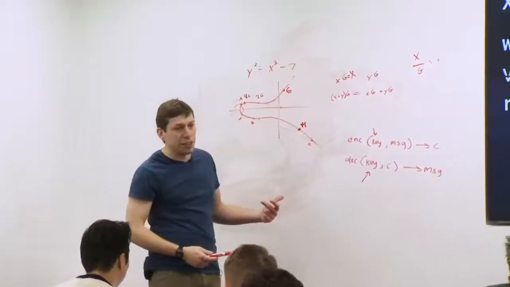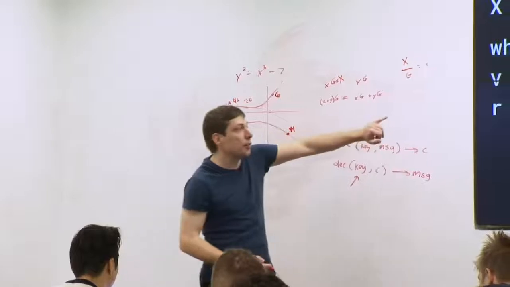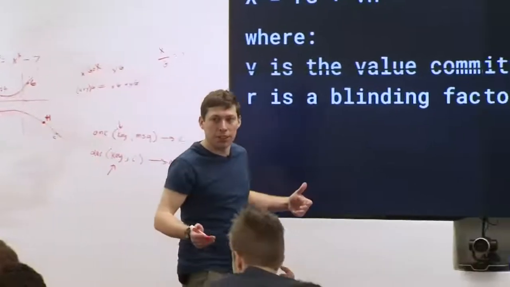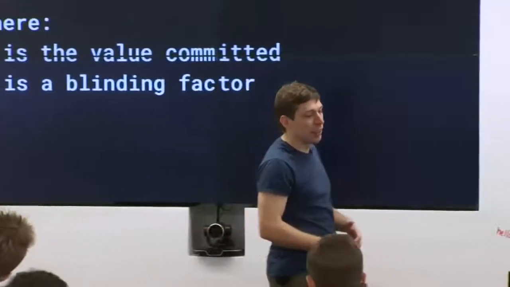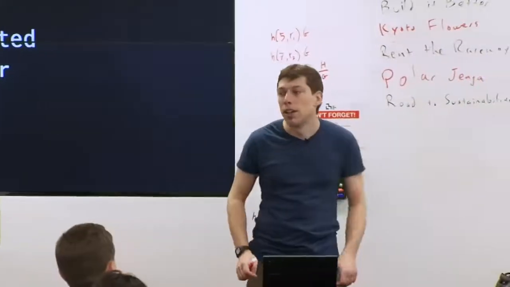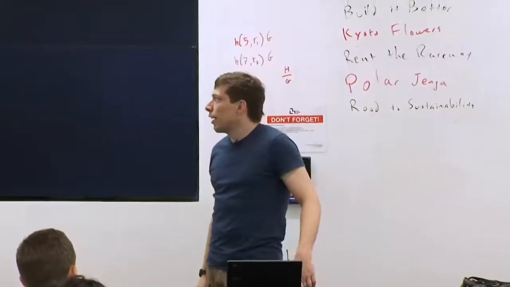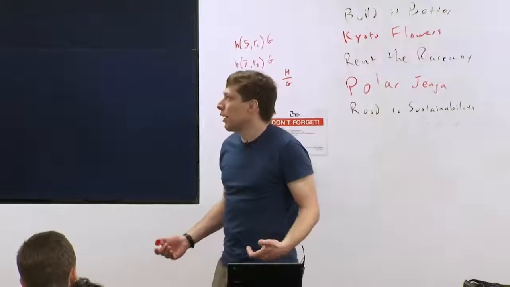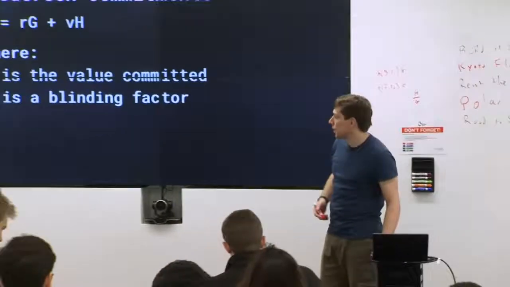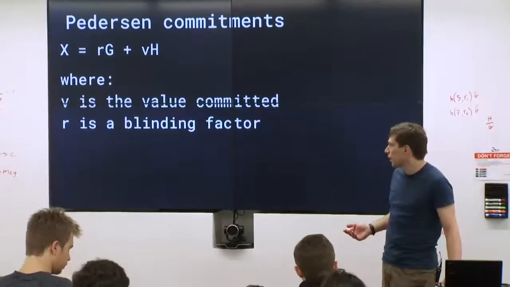I'll get 5h, and then I'll also get r. r is going to be some giant random thing, right? r is not going to be like 5. r is going to be like a 256-bit random number. And that will obscure what v was, because I add them together.